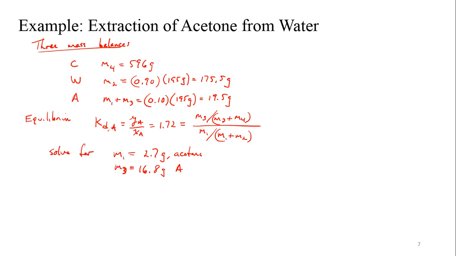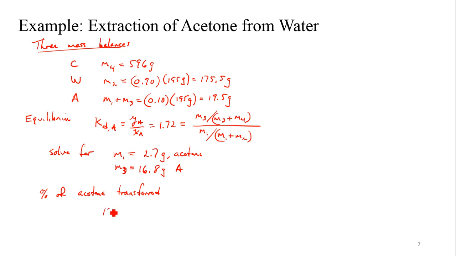To kind of wrap up the problem, we can figure out the percentage of acetone transferred. And so the amount transferred would be what goes into the chloroform phase, right? M3.